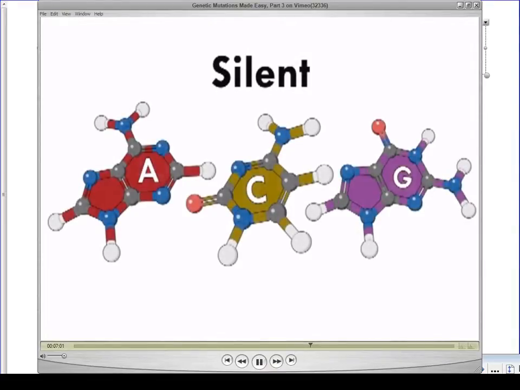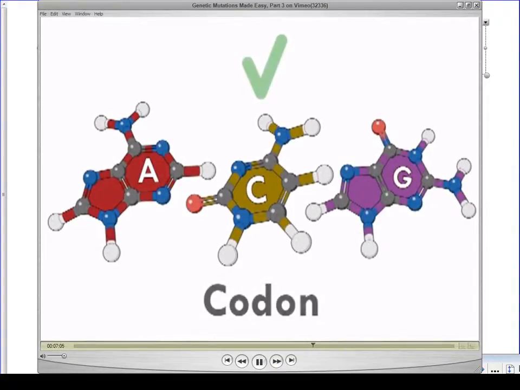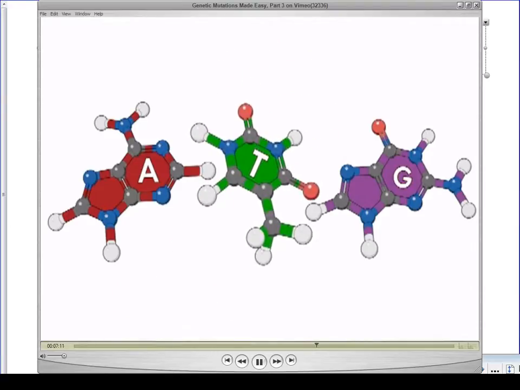A point mutation can be called silent if the changed base leads to a codon that still codes for the original amino acid. This will lead to a protein that has an amino acid sequence that is not changed, even if the original base is altered. So naturally, this protein should function as expected.